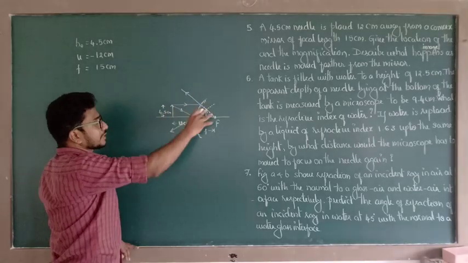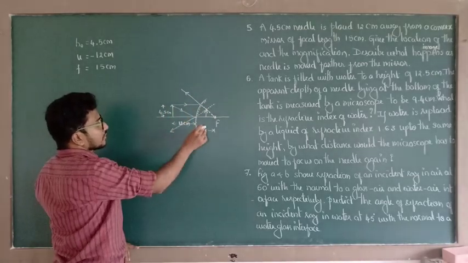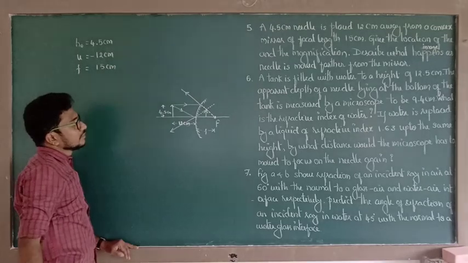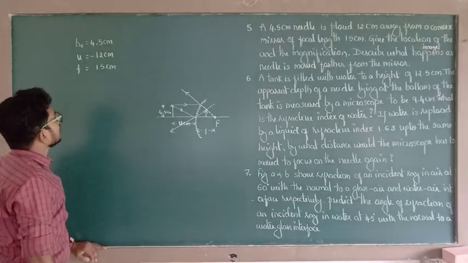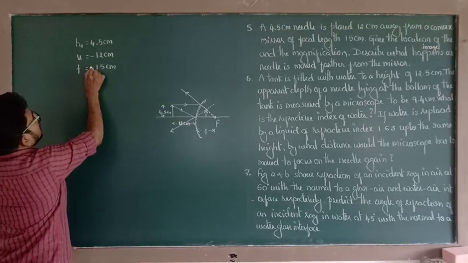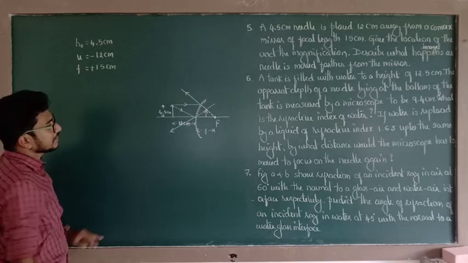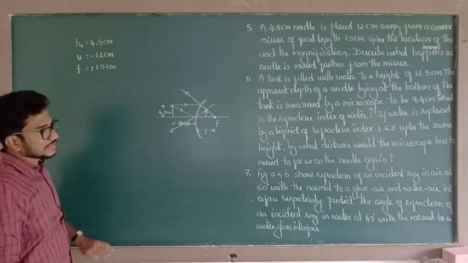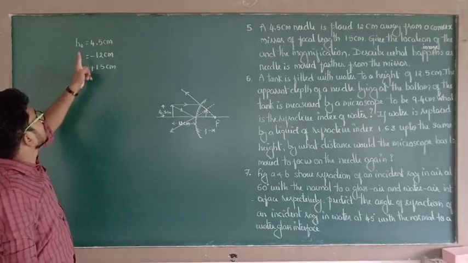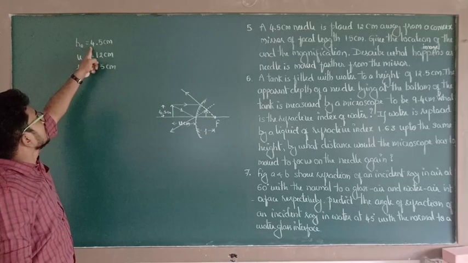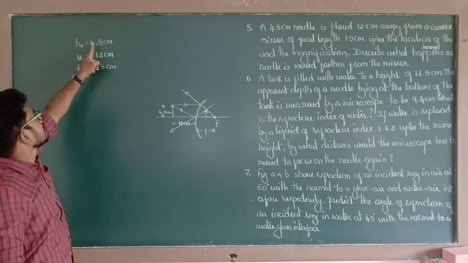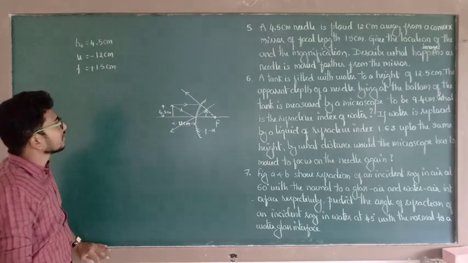Both are in the same direction. Therefore, we take this value as positive, so f is equal to plus 15 centimeter, not minus 15 centimeter. For h naught there is no sign, which means it is understood to be positive.